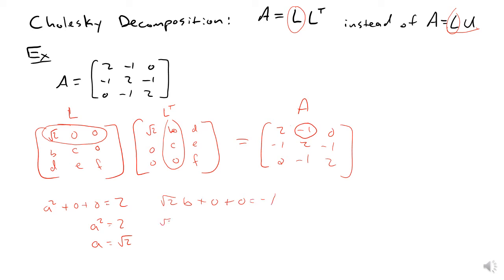So then √2 times B is -1. So then B is -1/√2. Okay, so now we know what B is. It's -1/√2. If you like to rationalize your denominators, you can write that as -√2/2, but I don't really care about rationalizing denominators. I'm just going to write it as -1/√2.